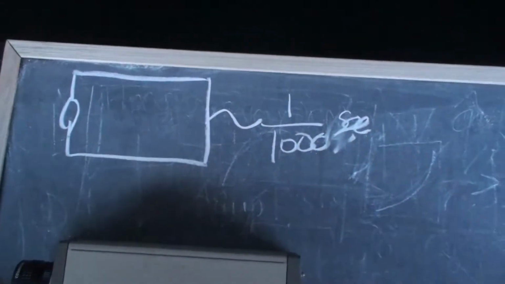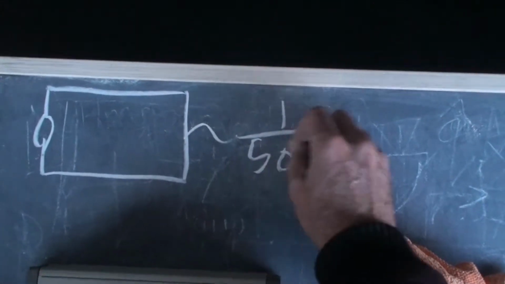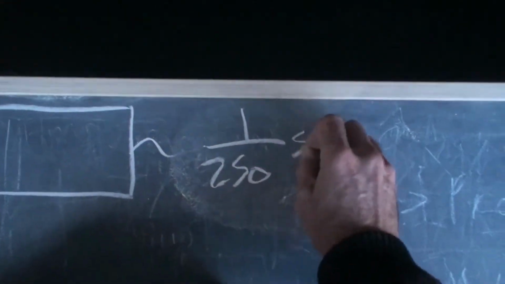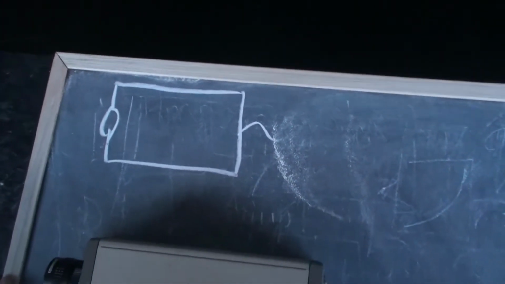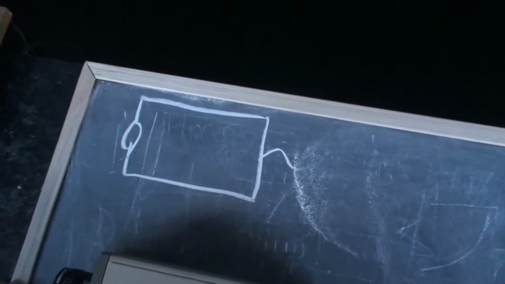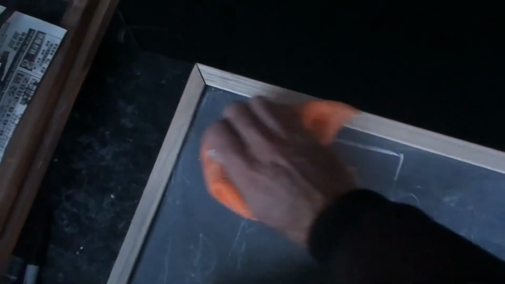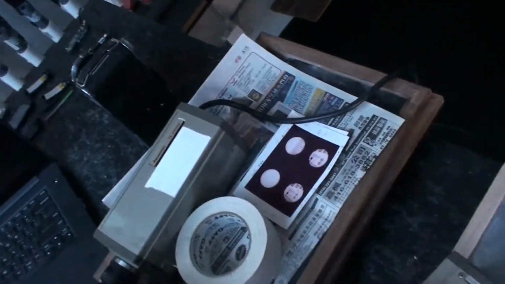And then immediately afterwards I would grab another image at 1/500th of a second. And then immediately afterwards I would grab an image at 1/250th of a second, let's say. So I've got three differently exposed images, a dark image, a medium image, and a light image that are captured in rapid succession.